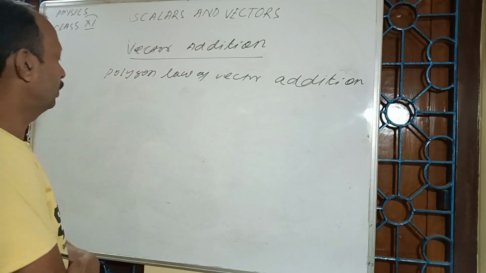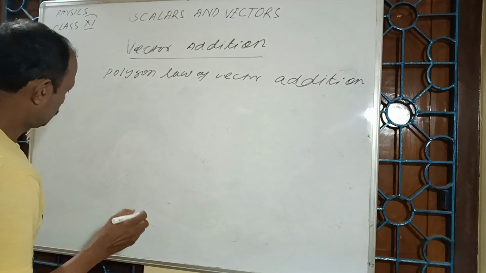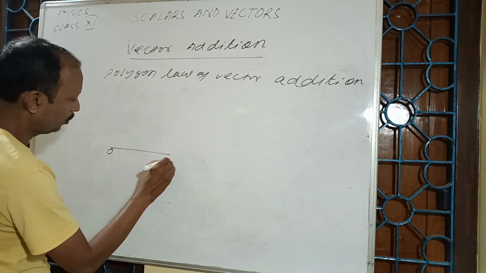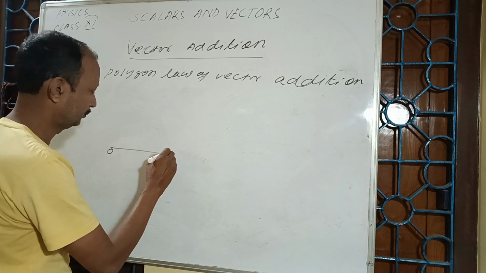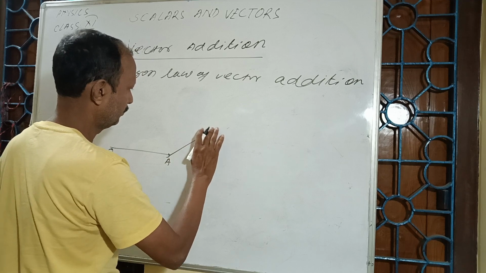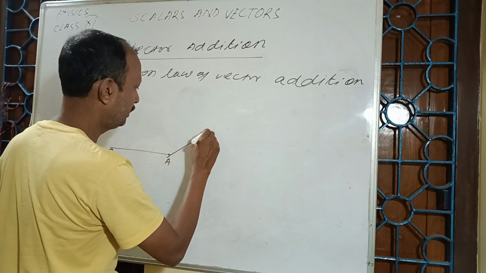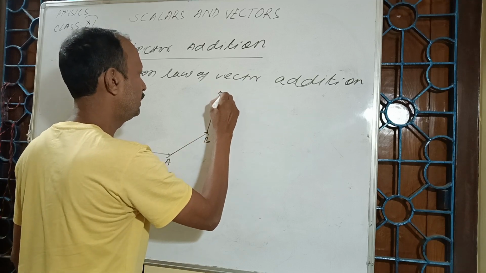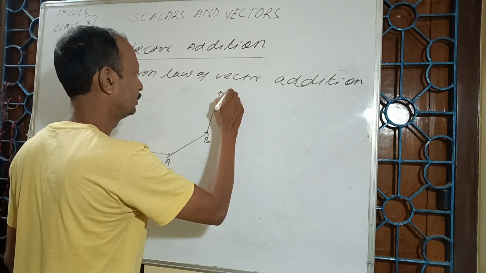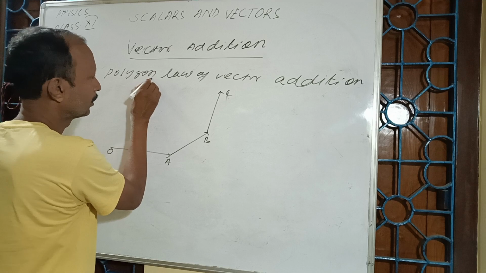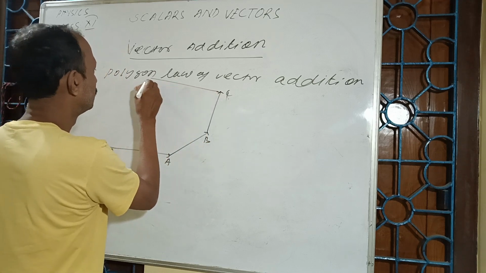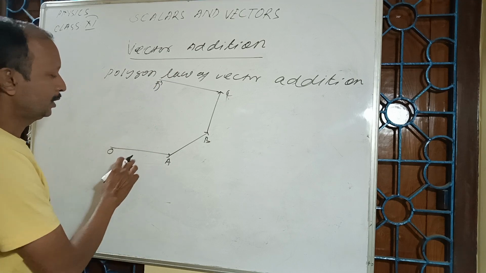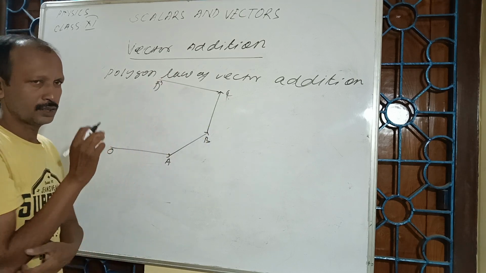What is polygon law of vector addition? Suppose you see that OA is a vector, AB is a vector, BC is a vector, CD is a vector. I have taken 4 vectors here.